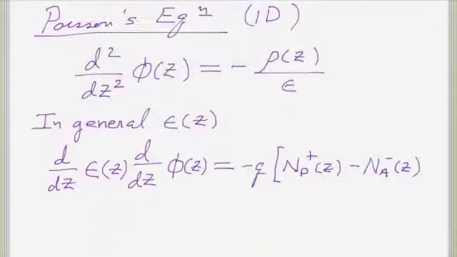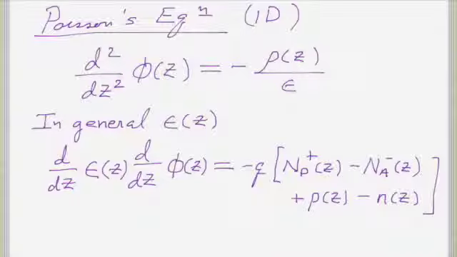Your acceptors have accepted an electron, so they'll be negatively charged. Your donors contributed an electron, so they're positively charged, plus your holes minus your electrons. So that's your negative rho on the right side. Okay, that is what determines your charge.